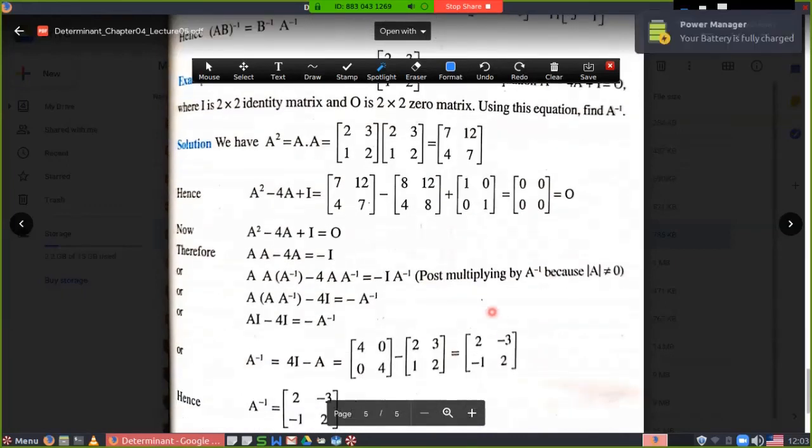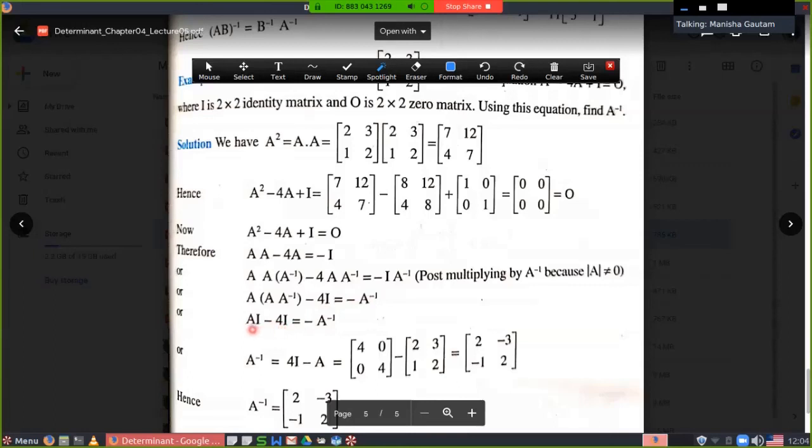Now to get the inverse from the equation, post multiplication by A inverse takes place, multiplying this equation by A inverse. Here A square is written as A into A, minus 4 into A. Shift this I to the other side as minus I and multiply by A inverse. Put in the properties: A into A inverse is equal to I, and I into A is equal to A. And you will get A inverse equal to A minus 4I.